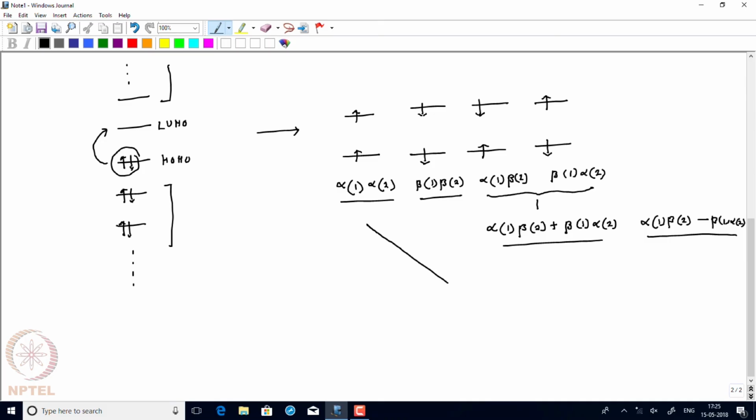These three are basically the symmetric spin part, and this is the antisymmetric spin part. These three symmetric spin parts form a triplet, and that is the triplet state of the molecule, and this forms a singlet state in the molecule.